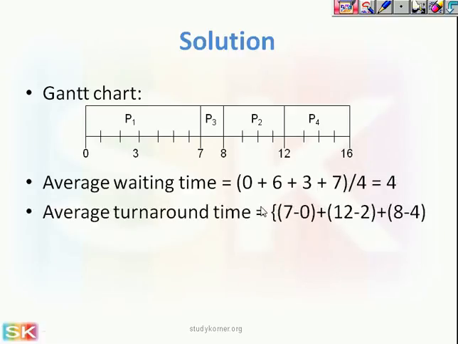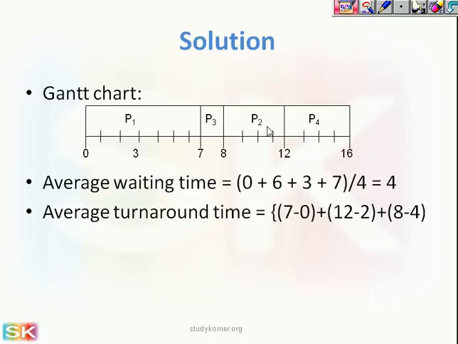Average turnaround time. So average turnaround time is equal to the turnaround time of P1. P1 was completed at 7 and it was submitted at time 0, so 7 minus 0 is the turnaround time of P1.